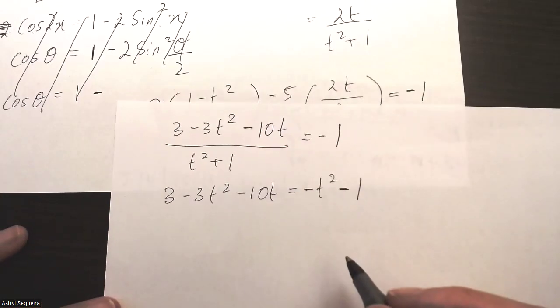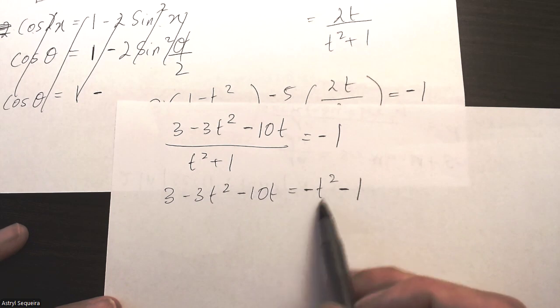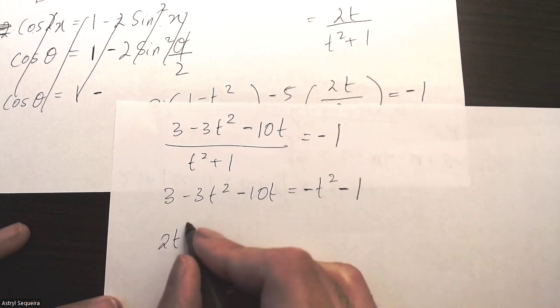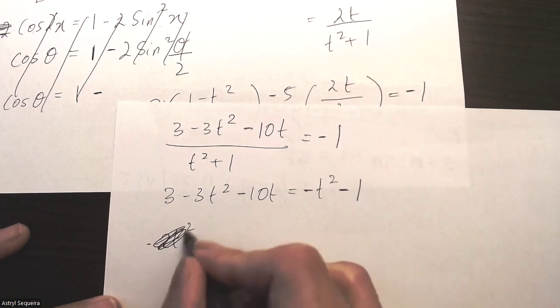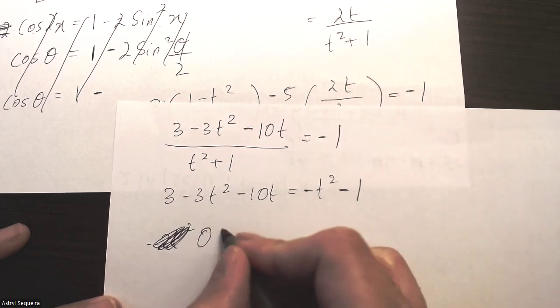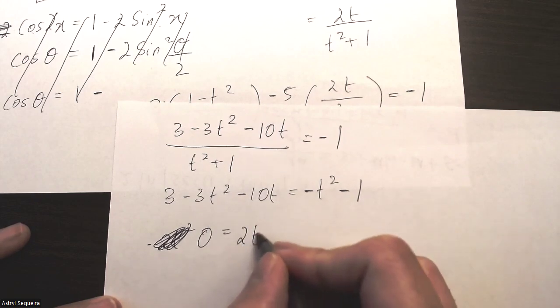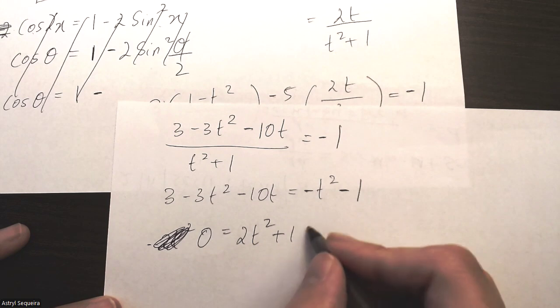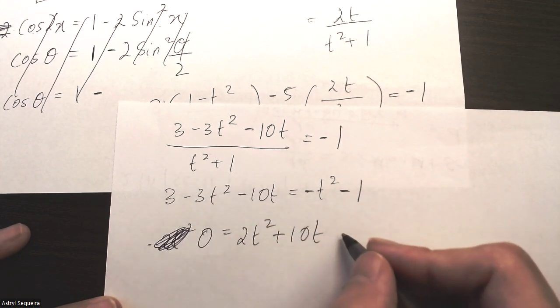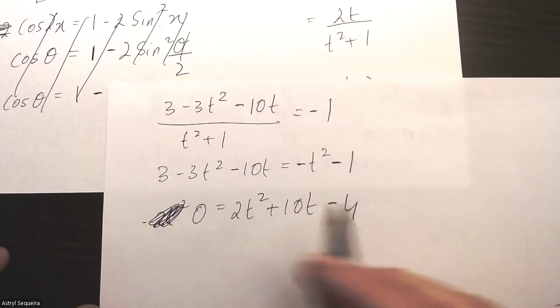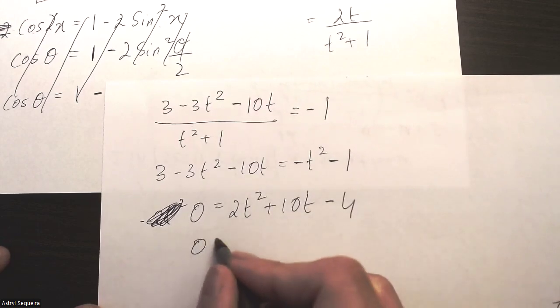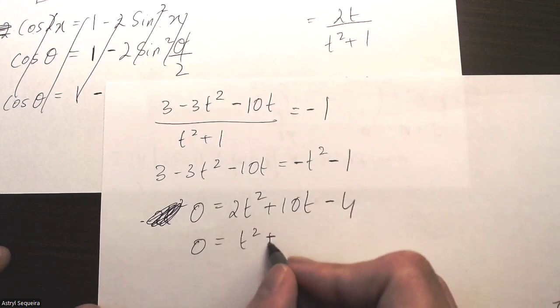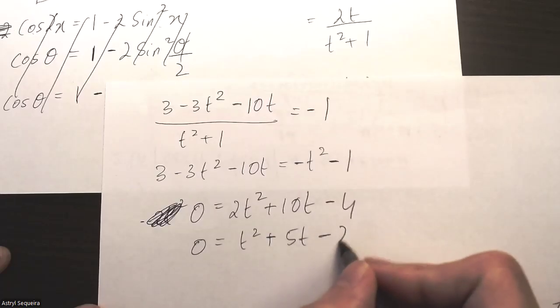Bring it all to one side. I'll move it all to the right side to make it positive. 2t squared plus 10t minus 4 equals 0. Quadratic equation here, I can divide it by 2. t squared plus 5t minus 2 equals 0.